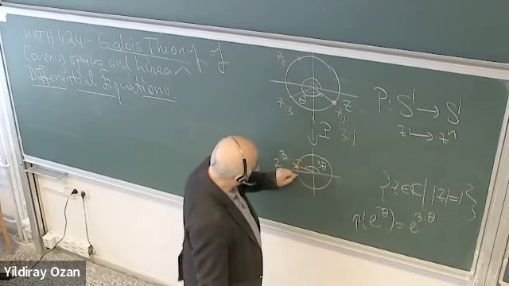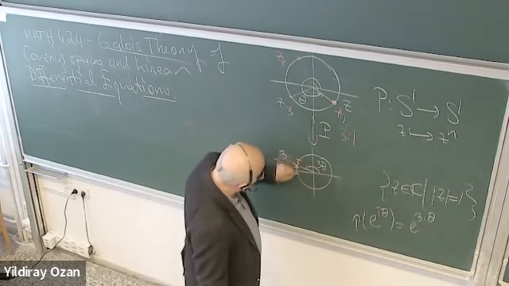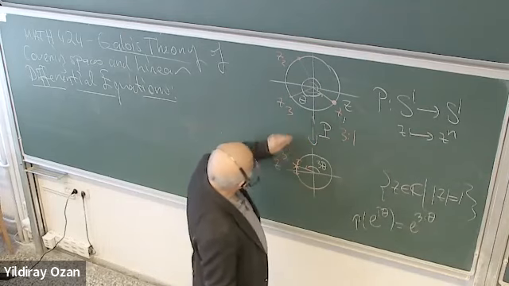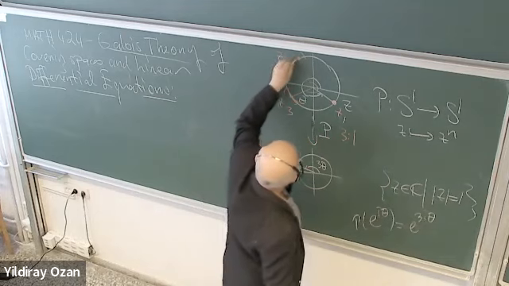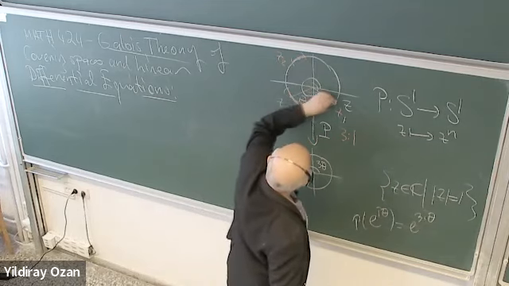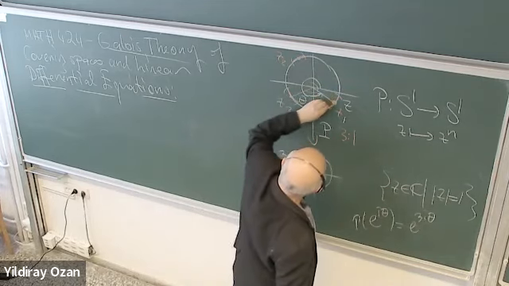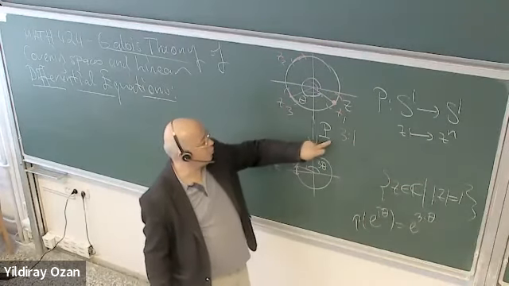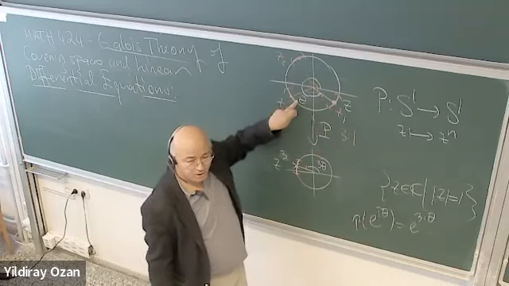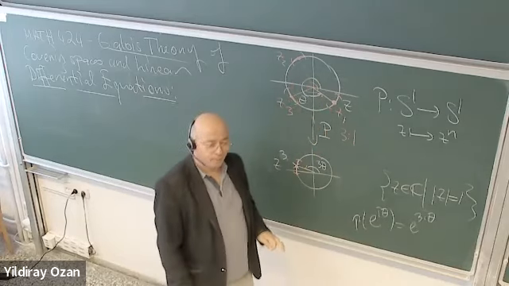If you have a small neighborhood of this point, that neighborhood has 3 pre-images here. And when you restrict your map to these pre-images, it's a homeomorphism, okay?